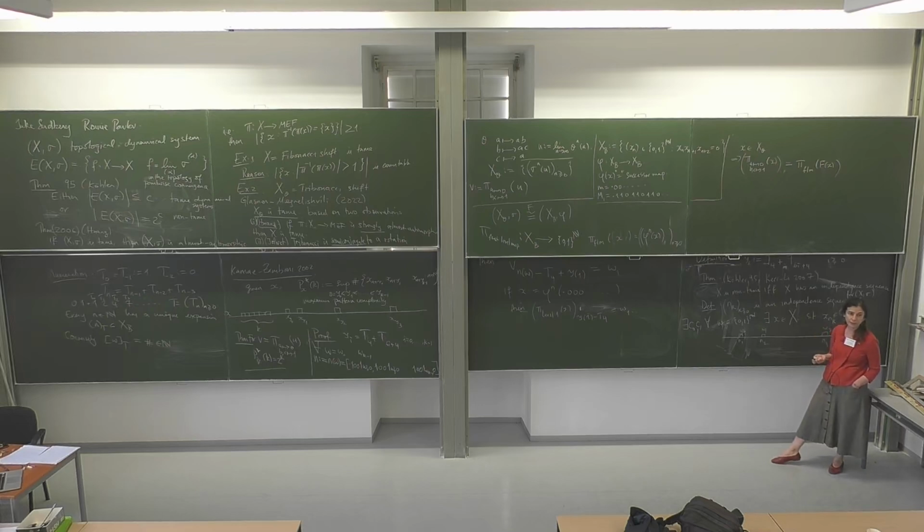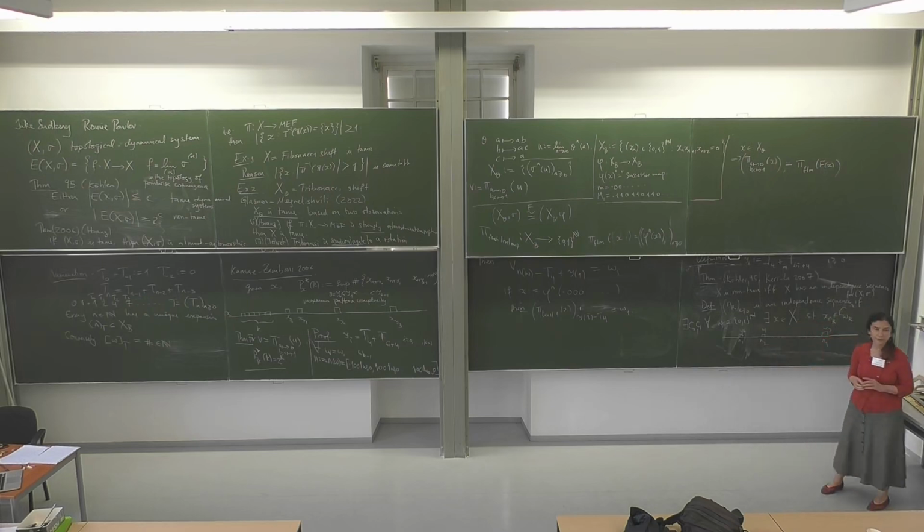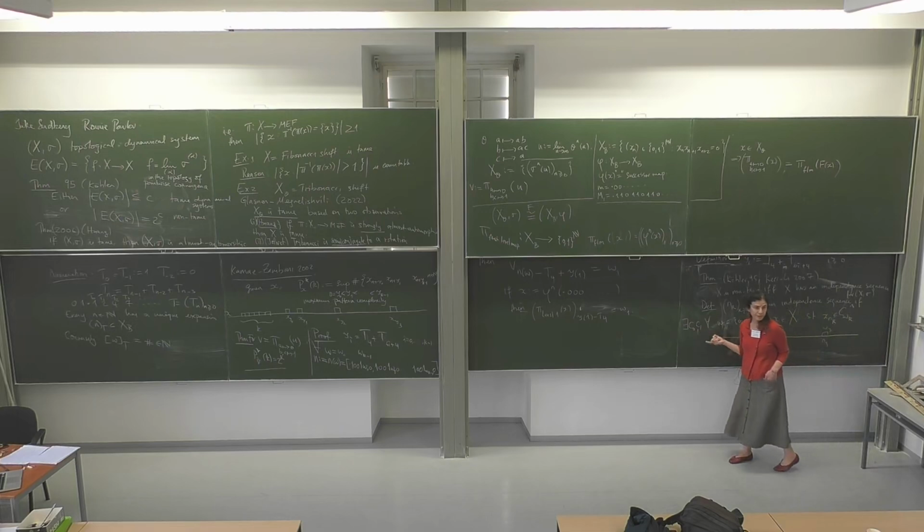That's an independent sequence. So basically, there's a sequence of indices along which you see the full shift. The w_k is just indexing which one you see. That's all.